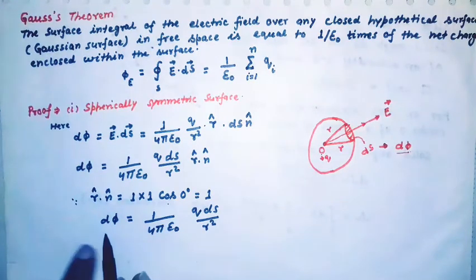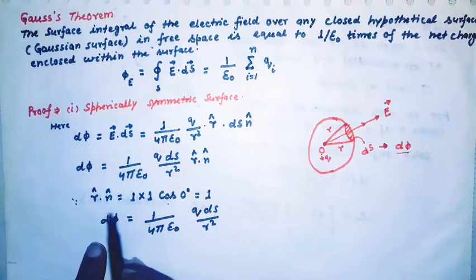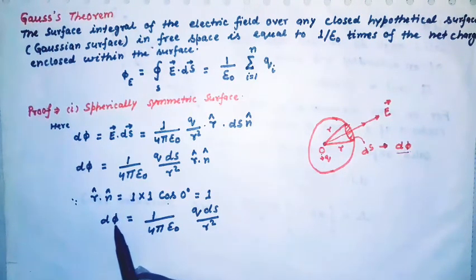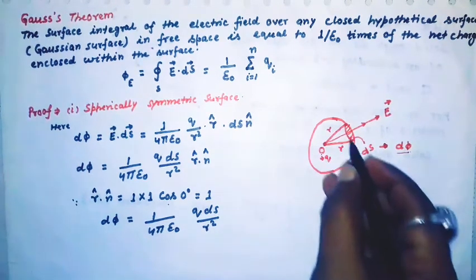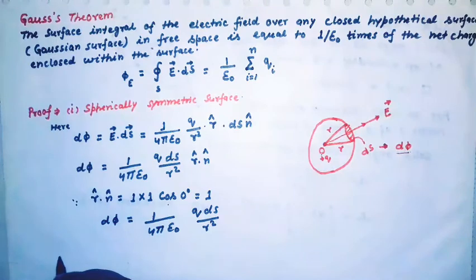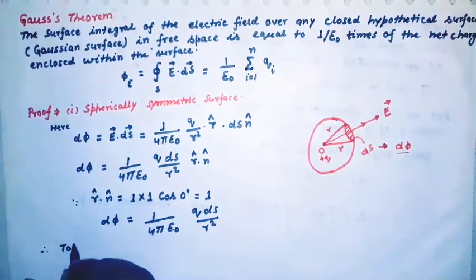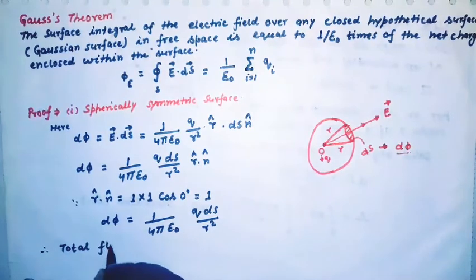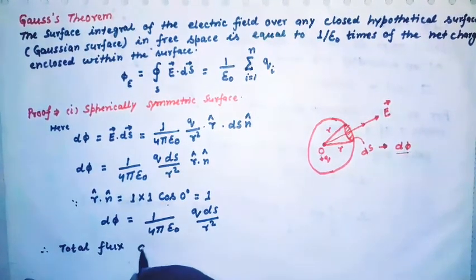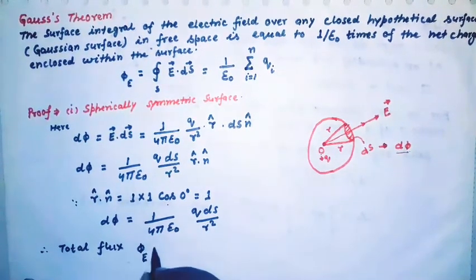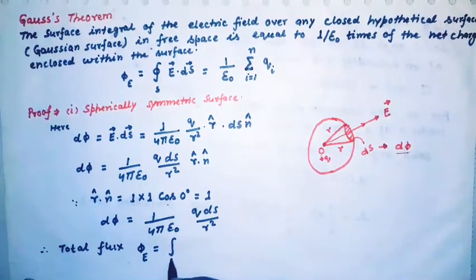Now if we integrate this quantity for the whole surface, or find the surface integral of d phi, that will give us the value of total flux across this surface. Therefore total flux phi e is equal to the surface integral of d phi.